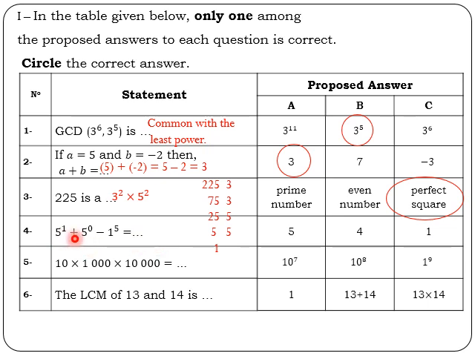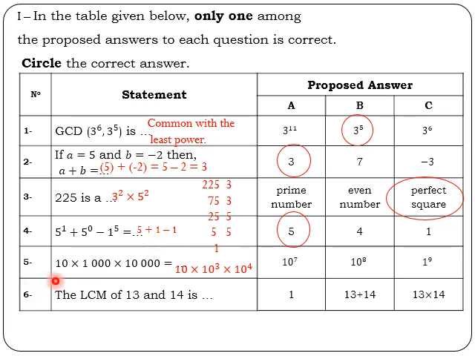Now how to solve this expression? 5 to the power 1 is 5. 5 to the power 0 is 1. And 1 to the power 5, if I multiply 1 by itself 5 times, I will get 1. So 5 plus 1 minus 1 is 5.